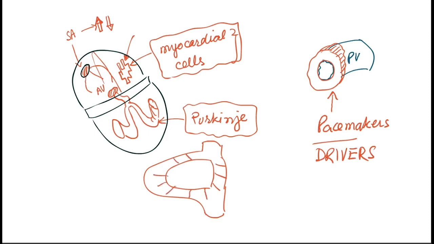This is a diagram for re-entry where impulse comes in and it goes through two pathways, and one of the pathways is slower.